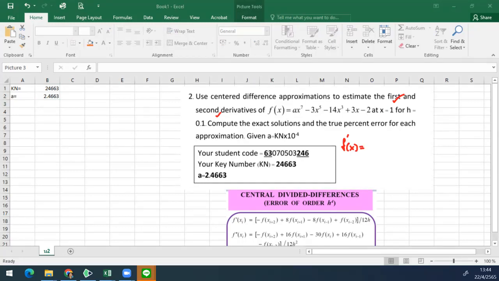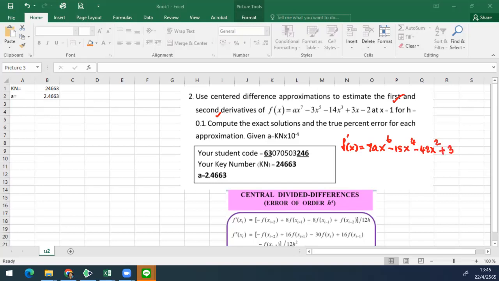F prime x is equal to 7a x to the power 6, minus 15 x to the power 4, minus 42 x squared, and plus 3.